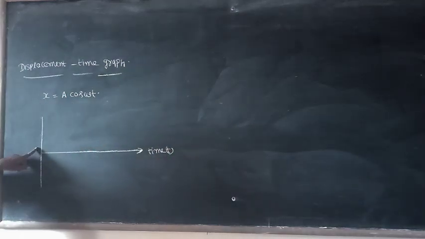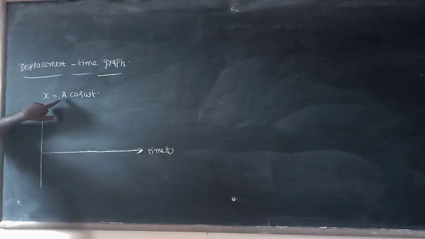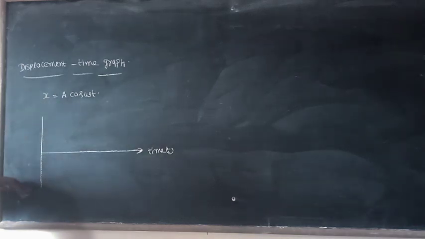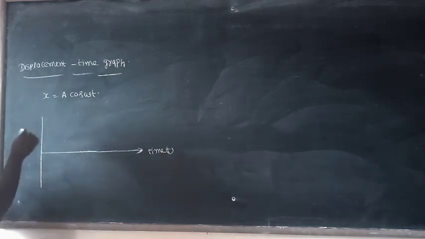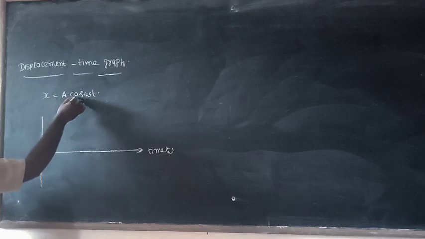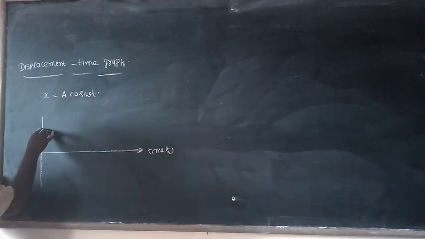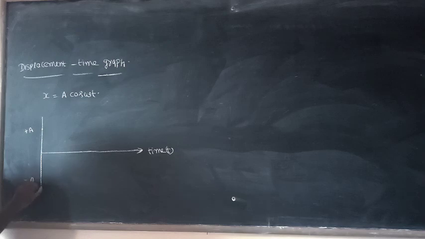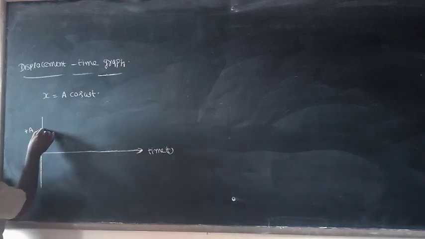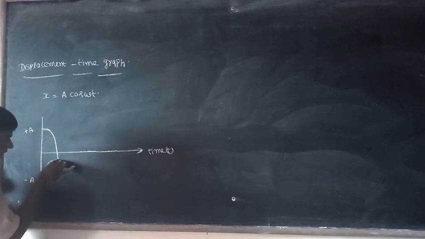In displacement, the maximum is a and the minimum is minus a. If t is equal to 0, cos 0 is 1, which is the maximum, plus a, and this will be the minus a. So the graph comes out like this.